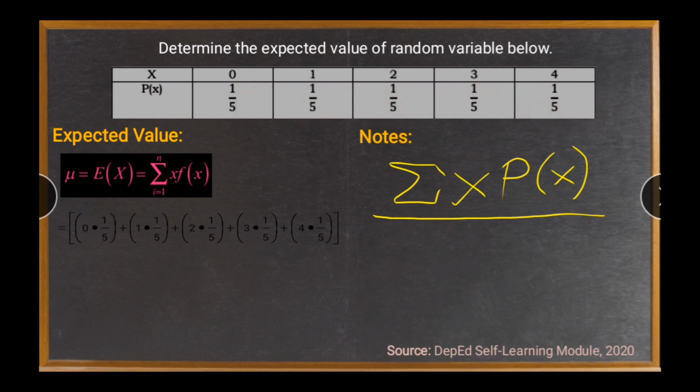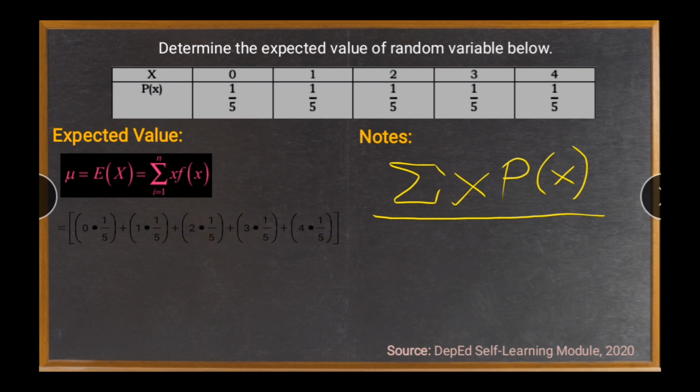And what you're going to do is just multiply: 0 times 1/5, 1 times 1/5, 2 times 1/5, 3 times 1/5, 4 times 1/5, and then summation here means you are going to add.